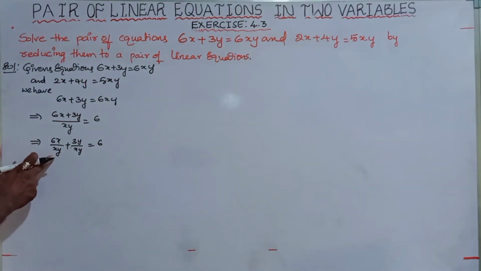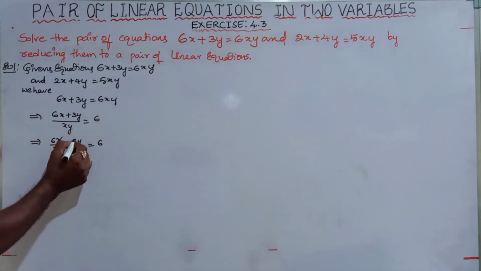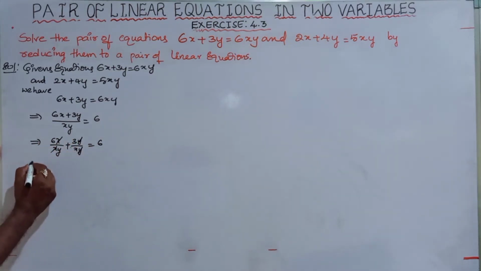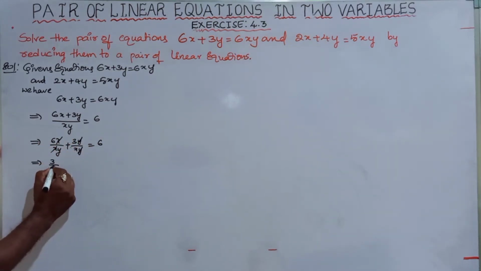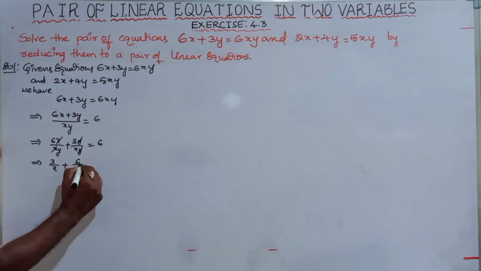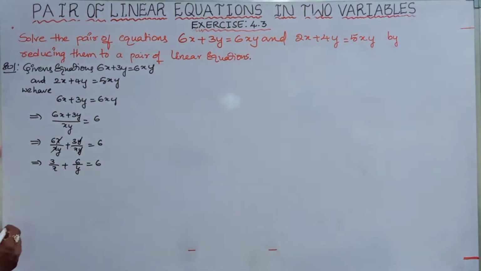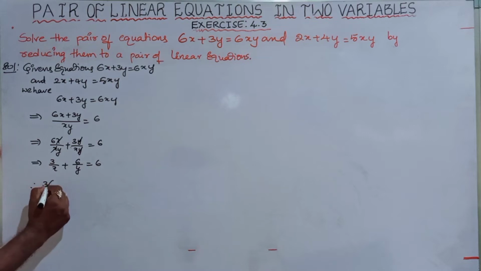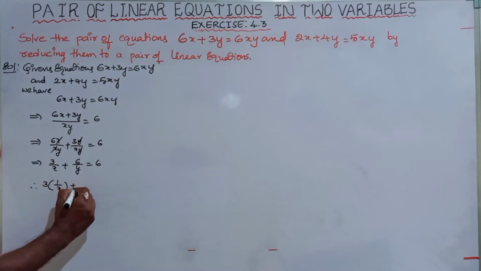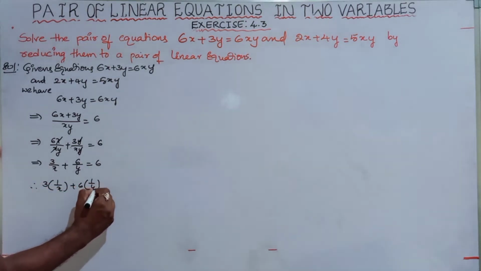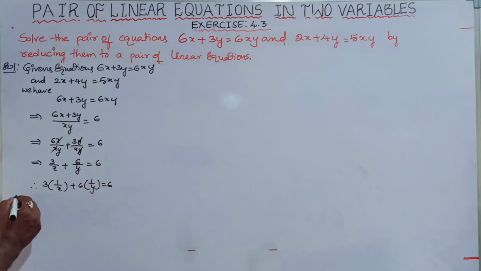Here in the first term, x gets cancelled; in the second term, y gets cancelled. That is 6 by y plus 3 by x is equal to 6. Therefore, 3 into 1 by x plus 6 into 1 by y is equal to 6.